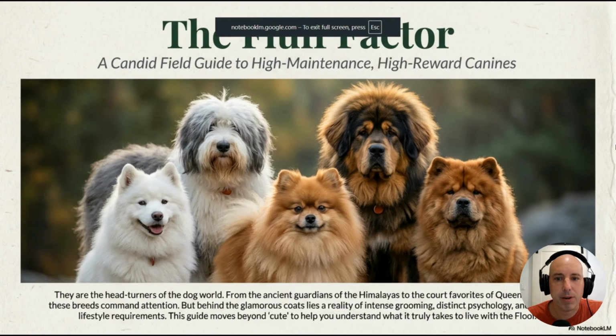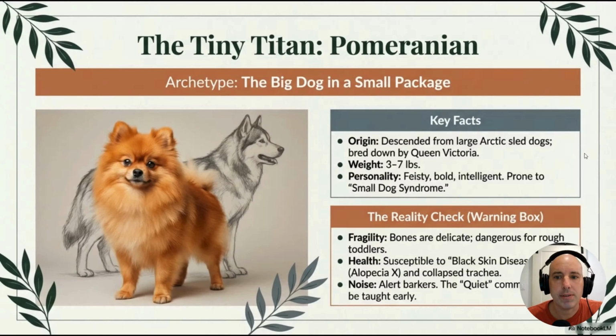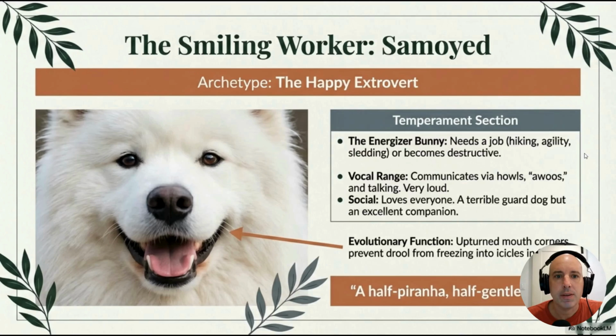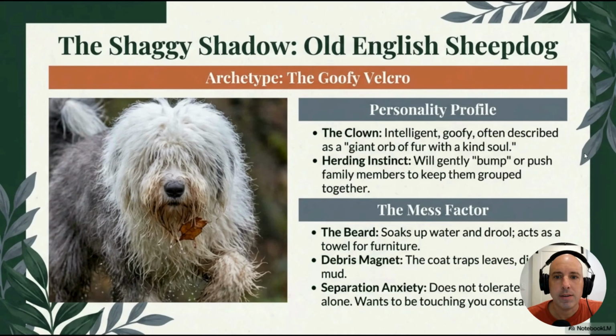So look at these fluffy dogs that it made. Look at the photos. 5 fluffy dogs. They look amazing, I think. Let's just go back. So it gives you some information about the different dogs, a fun fact about it. So here's one, the shaggy shadow, the clown, intelligent, goofy, often described as a giant orb of fur with a kind soul.